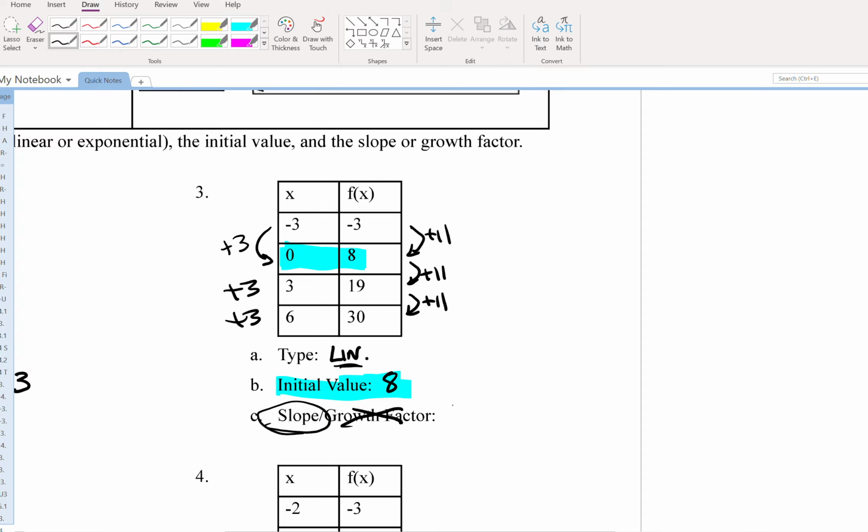And the slope is rise, that's the change in y's, that's 11, over the run, which is 3. So the slope is 11/3. And if we were to write this, y equals mx plus b, the slope is 11/3 times x plus 8.